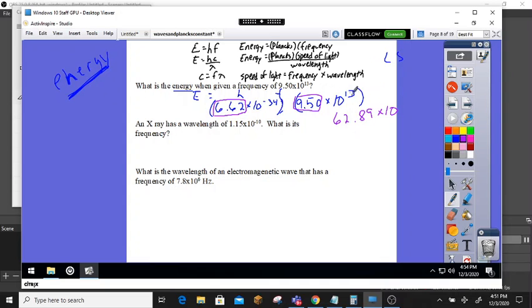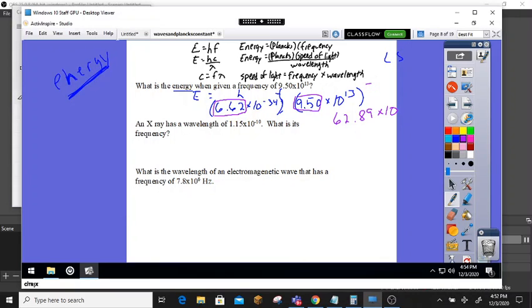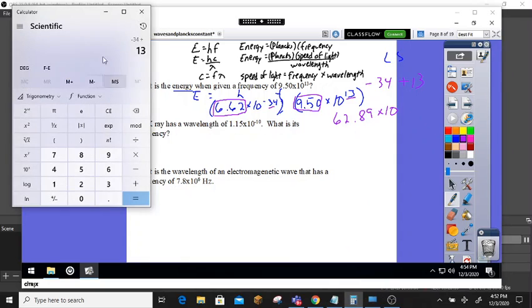The exponents we're multiplying here, so we're going to add them. Negative 34 plus 13. Let me write that down. So where am I getting these from? From right here, 34 and 13. Negative 34 plus 13 gives me negative 21.